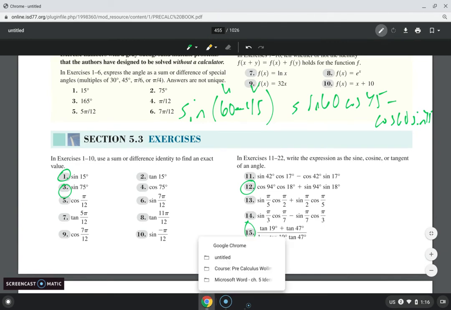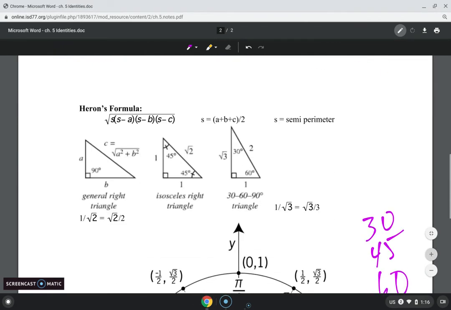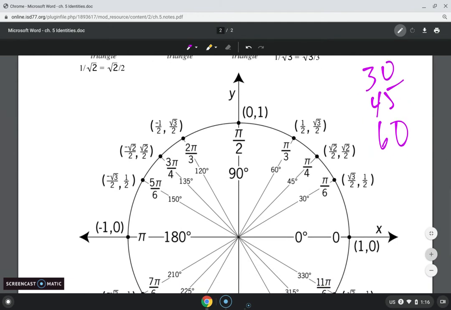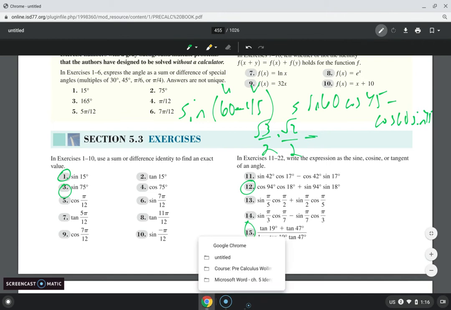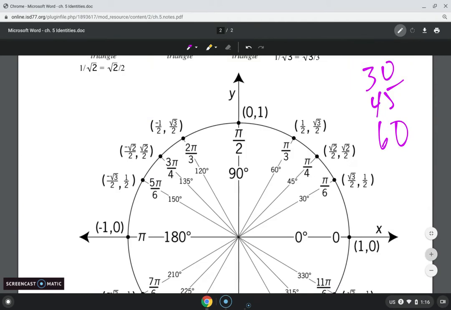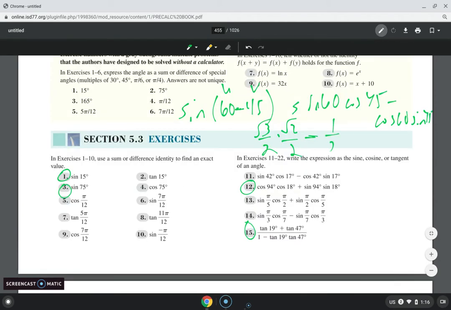Sine of 60. Well, sine of 60 would be the y value at 60, so root 3 over 2, times the cosine of 45, well, that would be root 2 over 2, minus cosine of 60. If you're not sure, you can look at your unit circle. Cosine 60 would be the x value at 60, which would be 1/2.